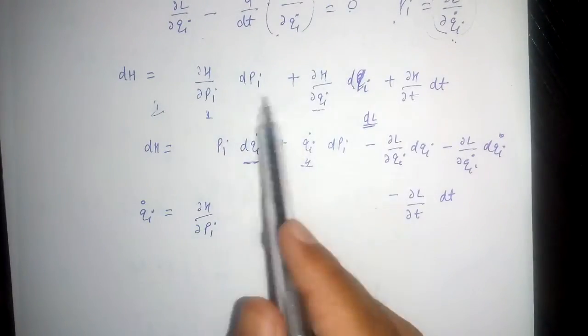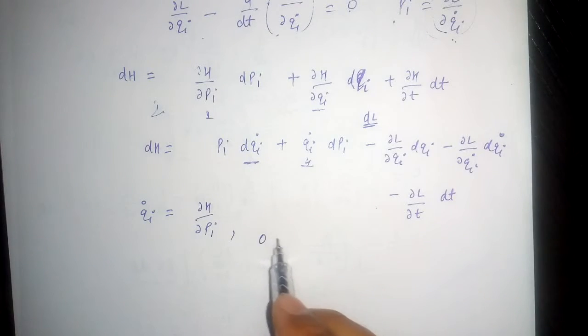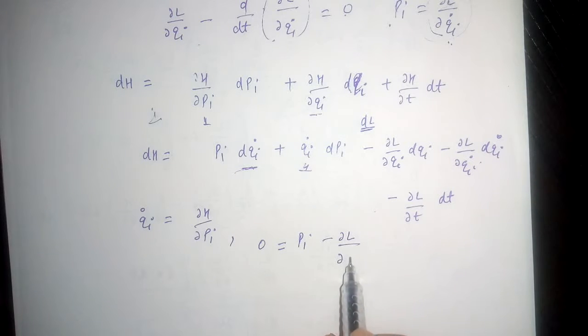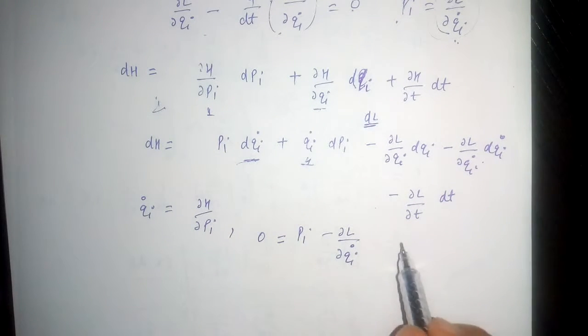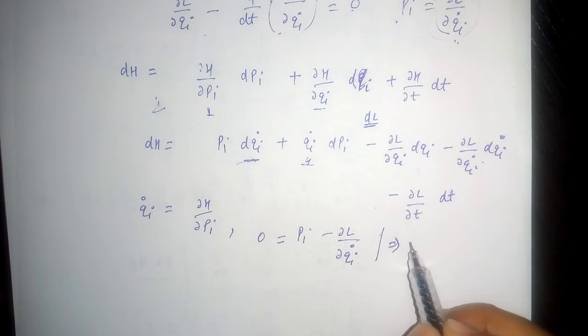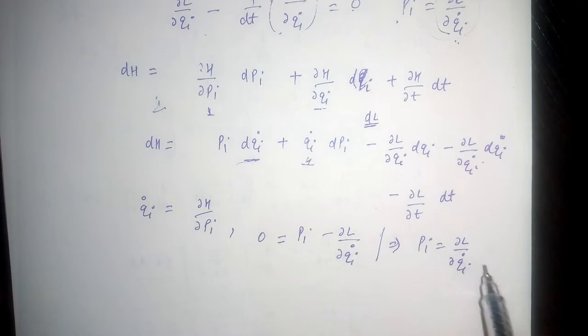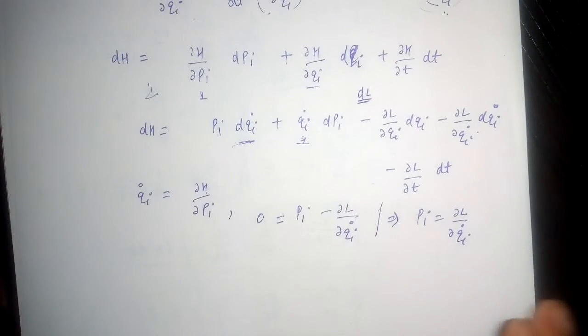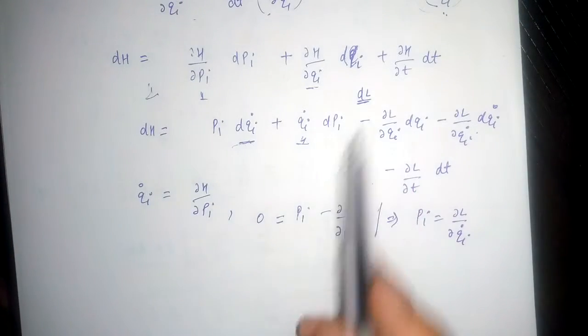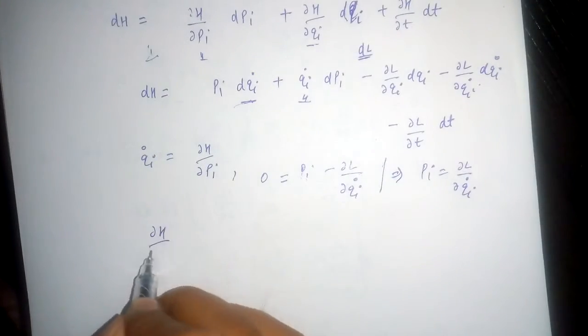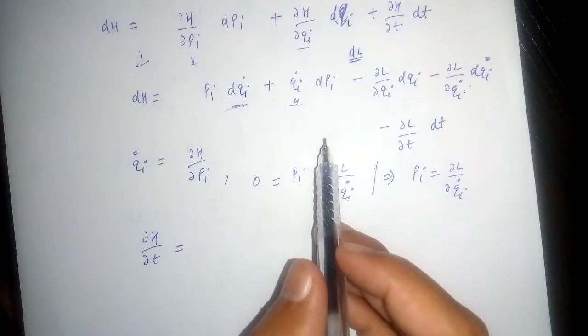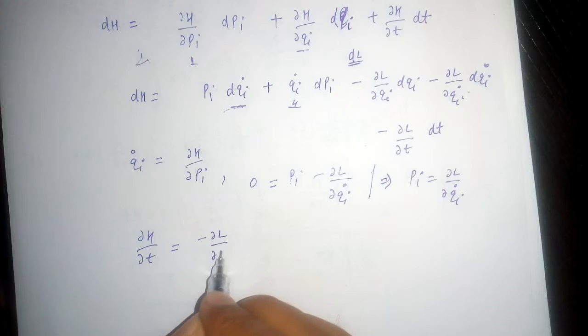So on this side there is no qi dot, so we will put 0 and this pi term, and the next term will be this minus, as I have already told earlier, pi will be delta L upon delta qi dot. Next, compare the time dependent part. Delta H upon delta t will be minus delta L upon delta t.